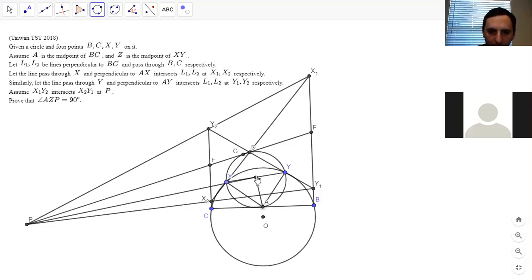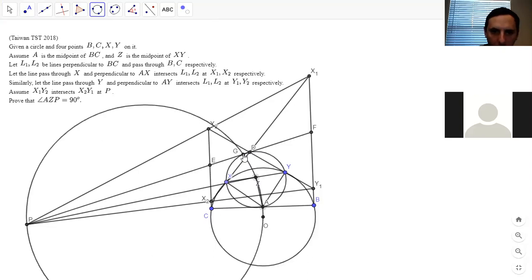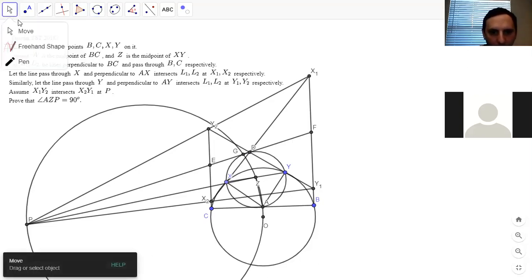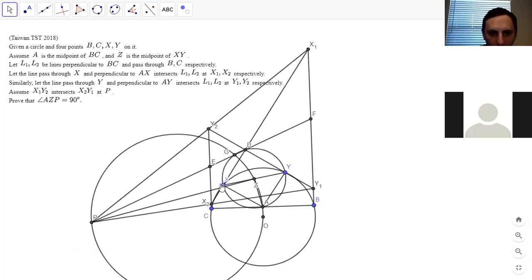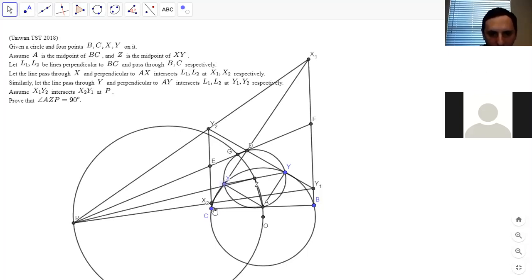Maybe there's something special about that circle. Does that pass through O? It looks like it. I actually don't think it does. Actually, now it looks like it does.